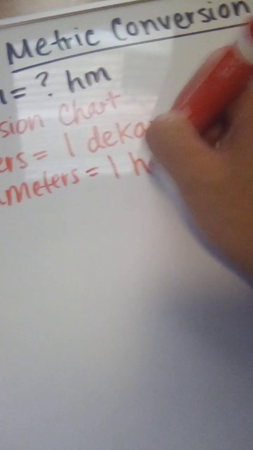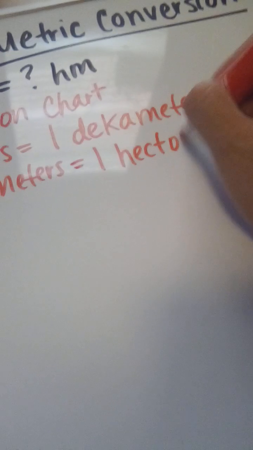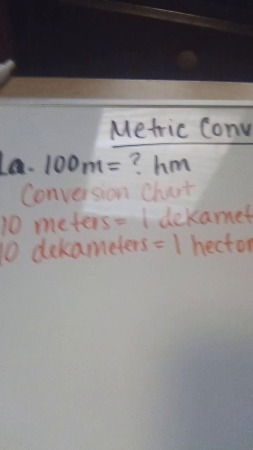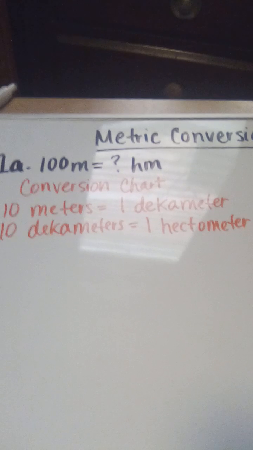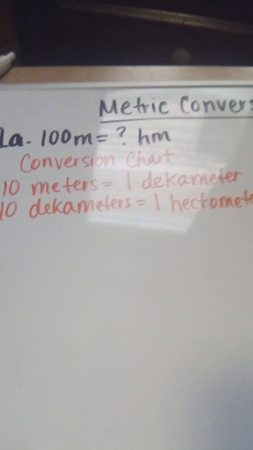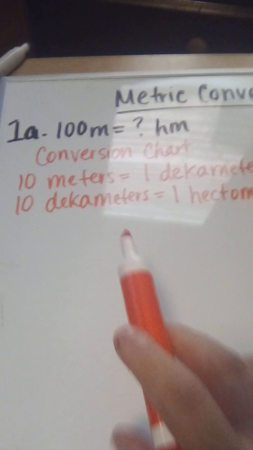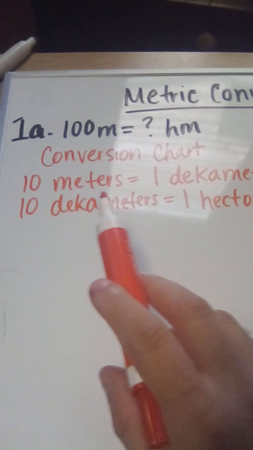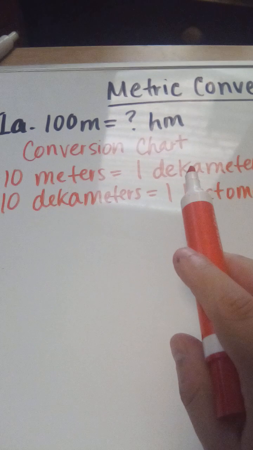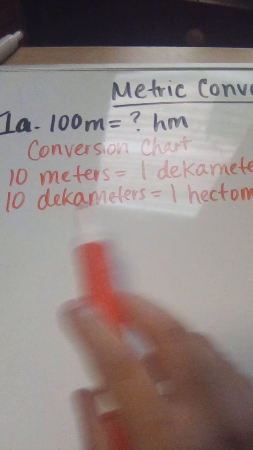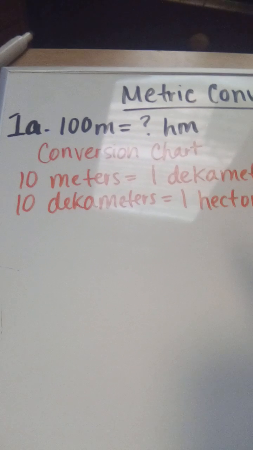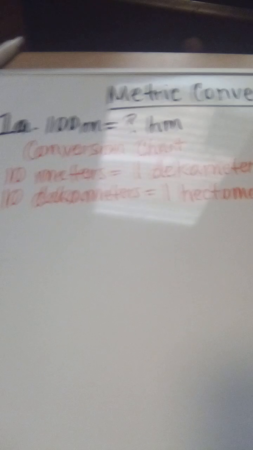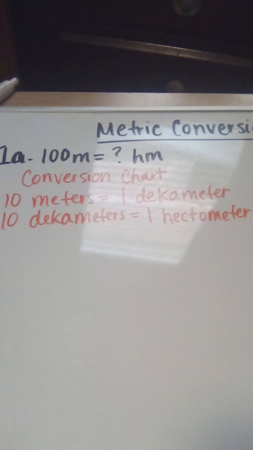The reason why these are important is because when you convert, can you see this? Okay, good. It's a little glare, but you have it on your paper, so don't worry about it. So we have a conversion chart. 10 meters equals 1 decameter. 10 decameters equal 1 hectometer. These are important because they're going to be involved in the conversions. So any questions on this part?